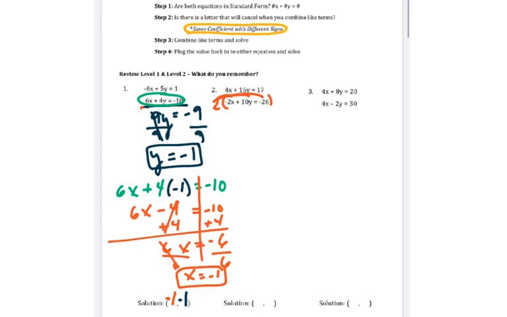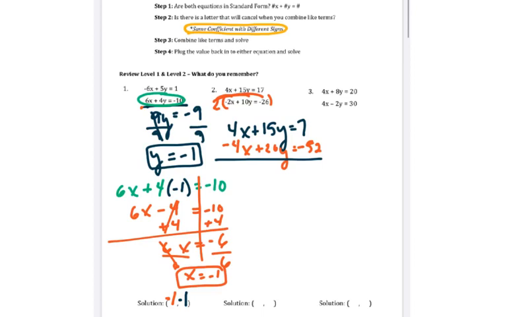I'm going to rewrite the first equation. That one's not changing. And then I'm going to multiply 2 all the way through the second equation. So I rewrote the first equation, and then I multiplied the second equation times 2.